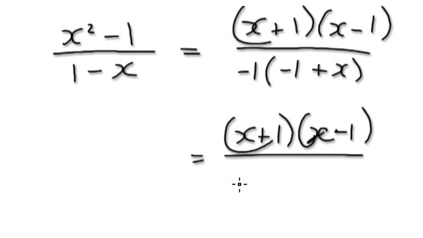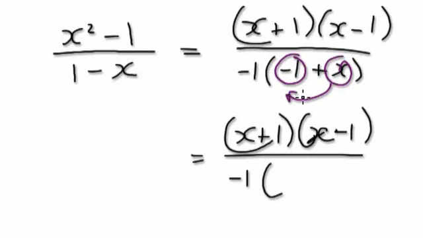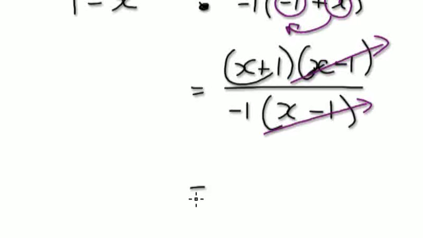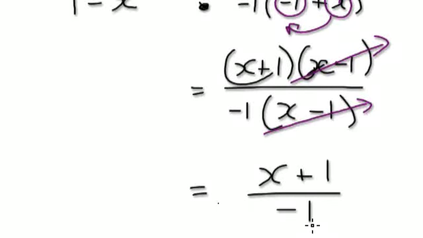If you take the minus 1 out as a factor, and then switch these two around, it becomes x minus 1. It's just a trick. So here this would cancel out with this, and you would be left with x plus 1 over minus 1.